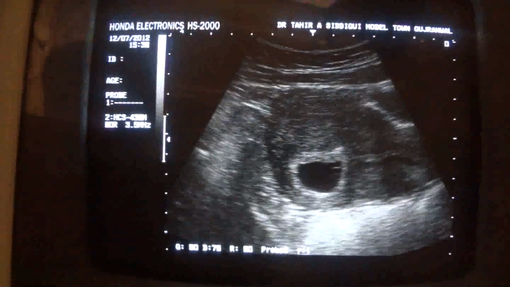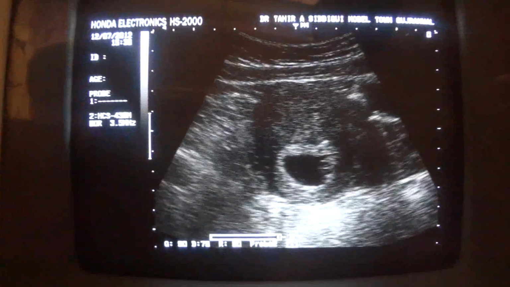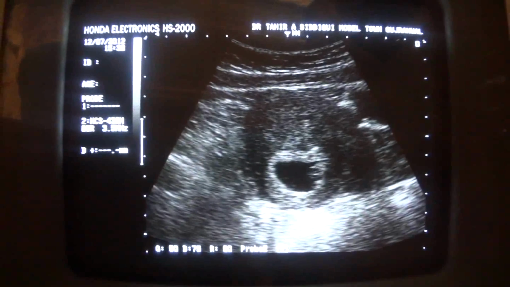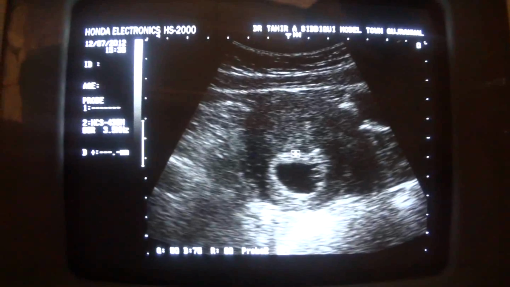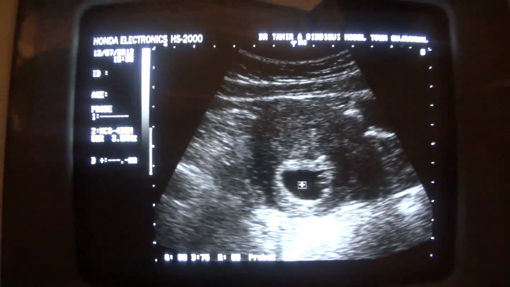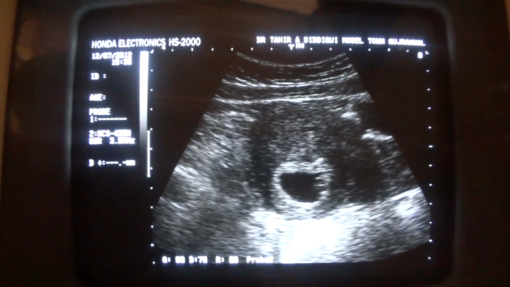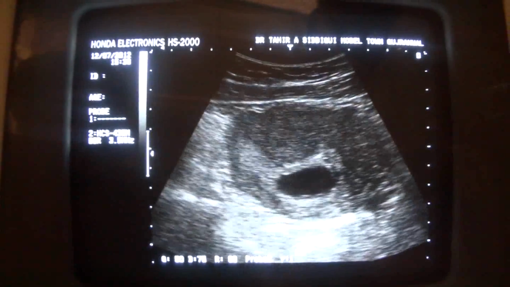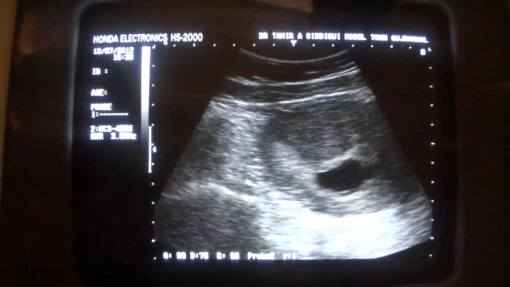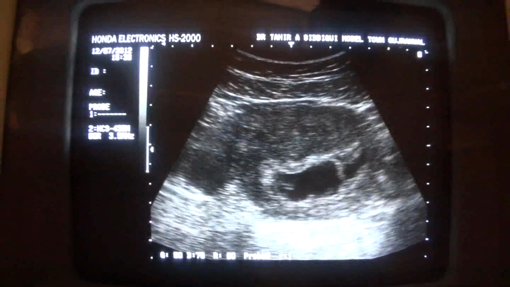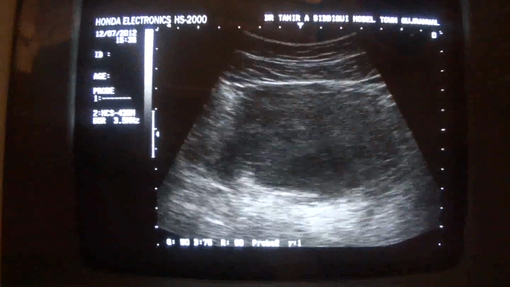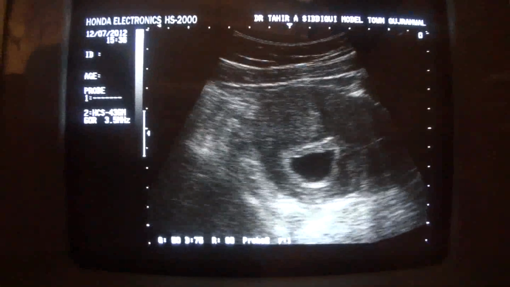Now concentrating upon the viable pregnancy, this is the yolk sac, this area. This is the decidual reaction, the double decidual reaction. This is the gestational sac. Okay, now let's concentrate on the fetal pole.